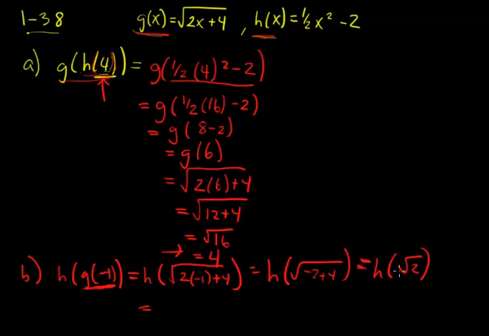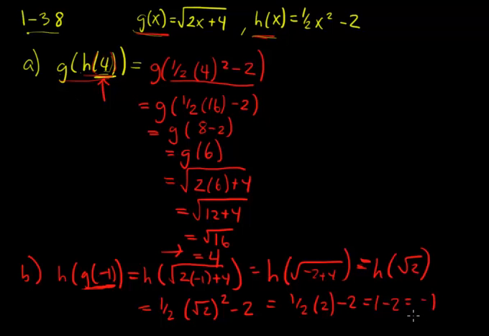The x is square root of 2. So it's going to be 1/2 times x, so now it's square root of 2, squared minus 2. Okay? Square root of 2 squared, we know, is going to just leave us with 2, because the square root and the square are opposites and they cancel each other out. Minus 2. 1/2 times 2 we know is 1 minus 2.